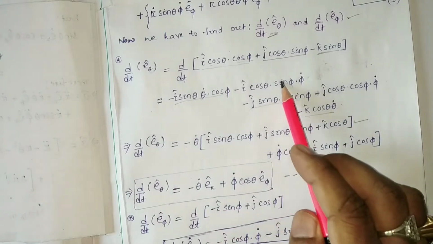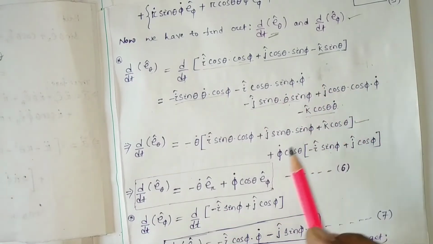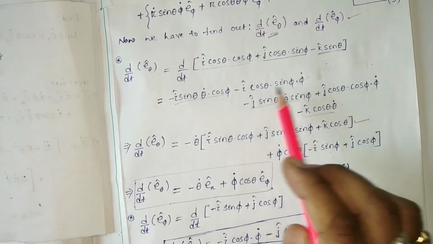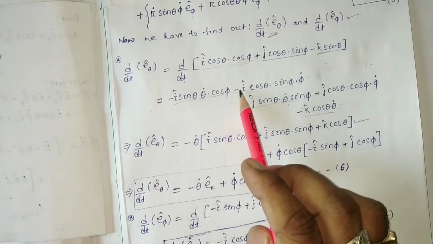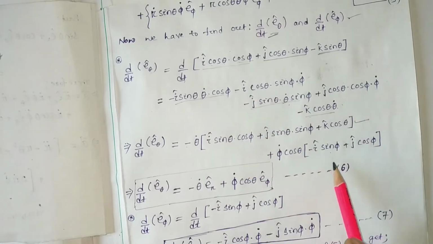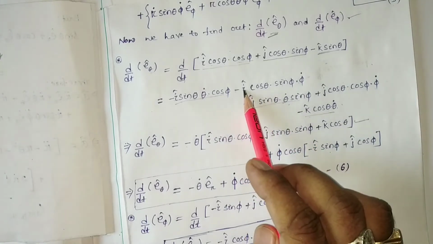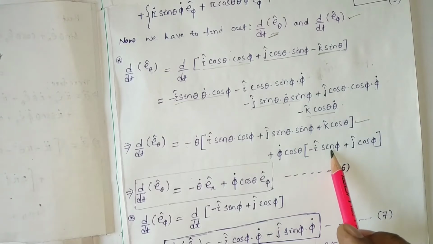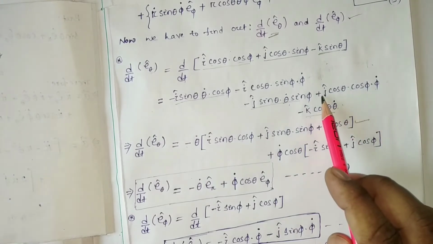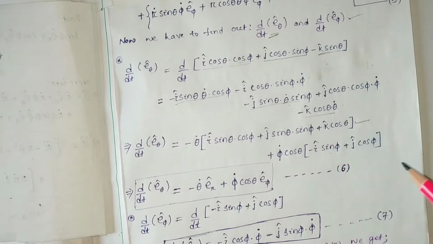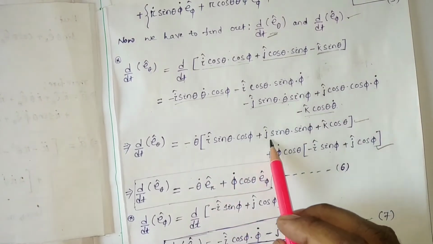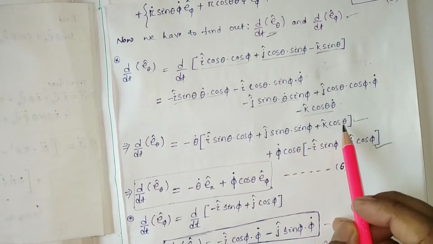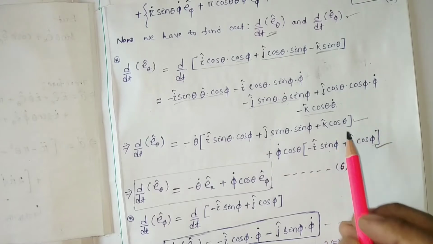Okay, then these two terms belong to phi dot, and here cos theta also is there. So phi dot cos theta taken outside, we get minus I cap sin phi, then plus j cap cos phi. Here you can see I cap sin theta cos phi plus j cap sin theta sin phi plus k cap cos theta is nothing but e r cap, that we know.